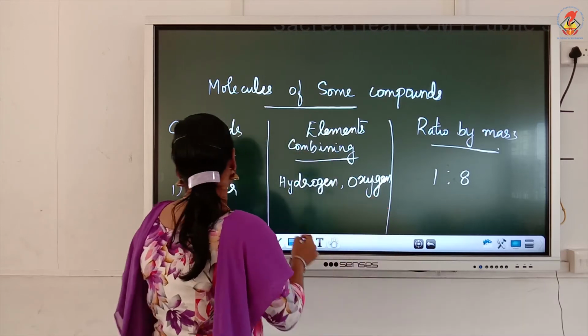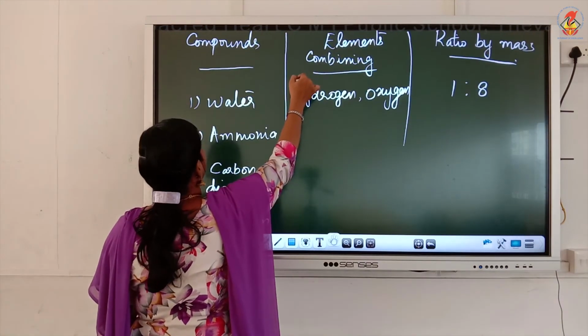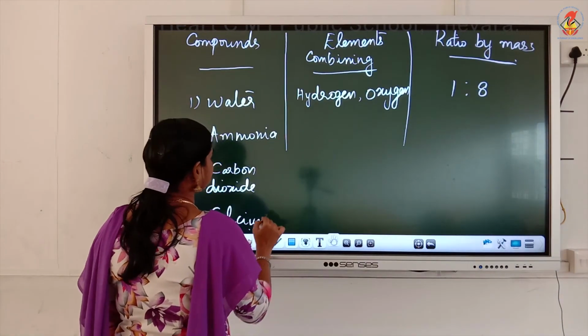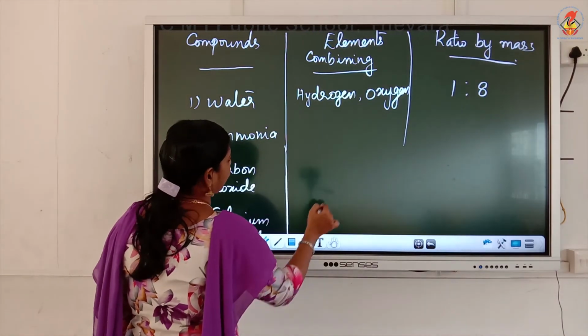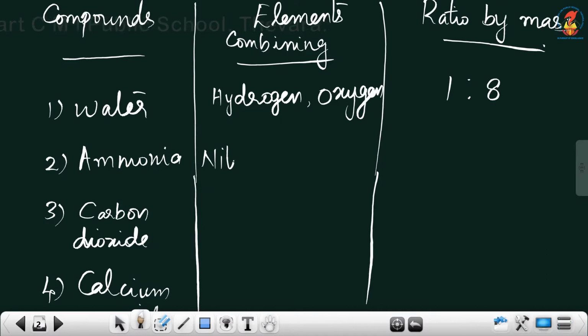Now moving to the next compound, ammonia. Which are the elements present in ammonia?